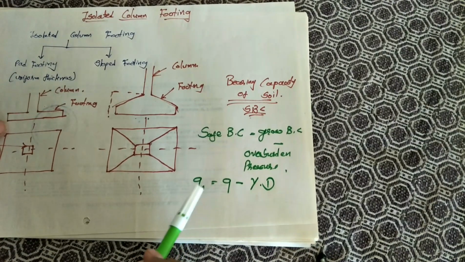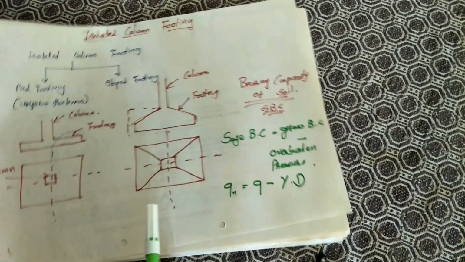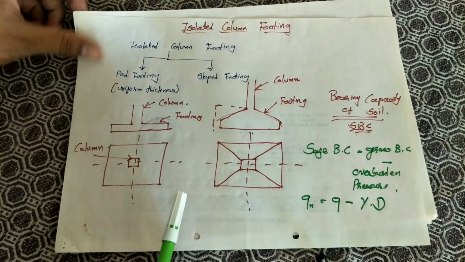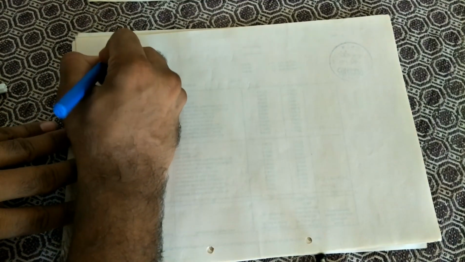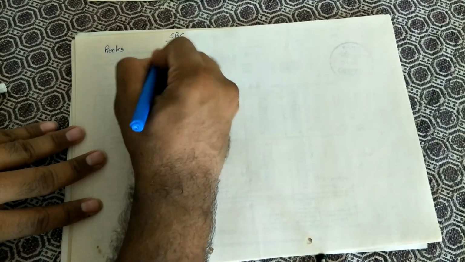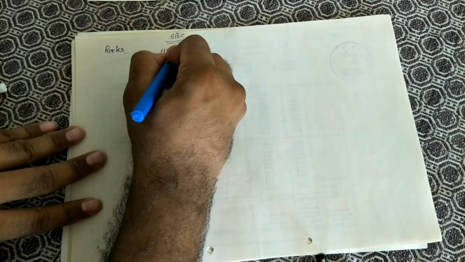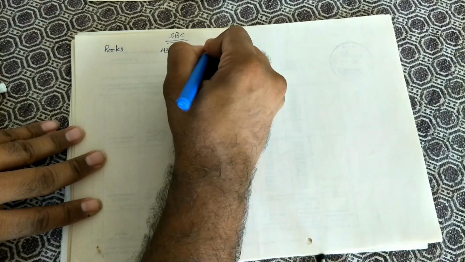There are different types of soil. For rocks, SBC is 450 to 3000 kilonewton per meter square.